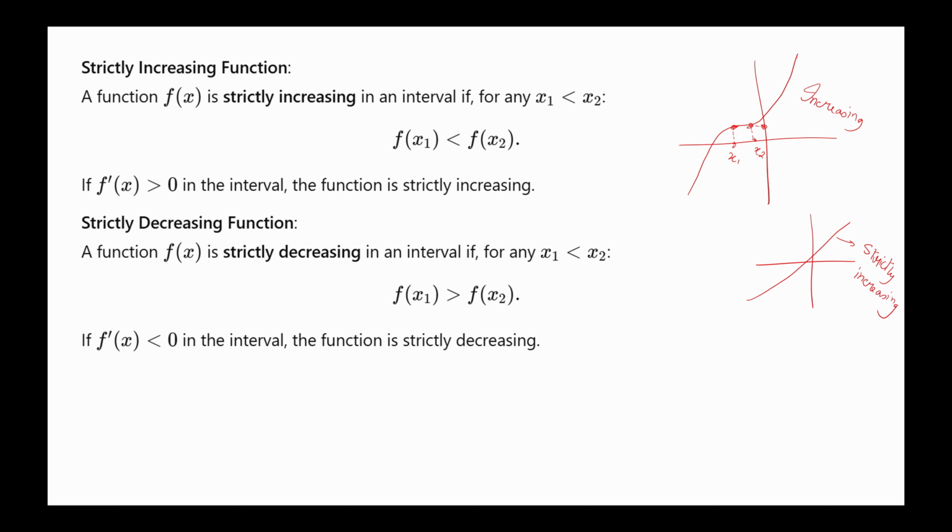For decreasing also, at some point, if my f of x2 is equal to f of x1, then I will call it a decreasing function. However, if that is not the case, for a strictly decreasing function, there have to be no points where my f of x1 is equal to f of x2. At all times, this condition has to be satisfied. Then I can say it is my strictly decreasing function.